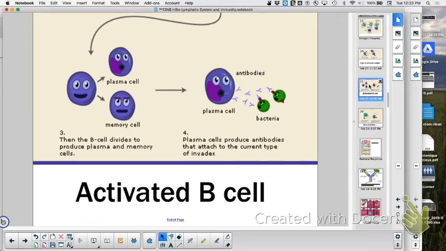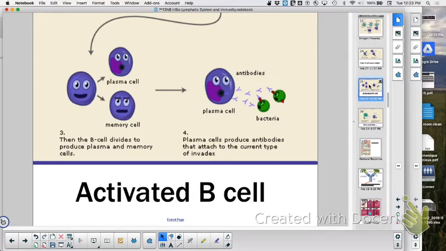The Y. The arms of the Y are the variable parts, and the base of the Y tells you how you're going to be killed. You remember that part? Okay. It'll also make a clone army, millions of plasma cells who can make these antibodies. A memory cell is not for now, it's for what? Later, for next time. And in the future, they're more easily stimulated.